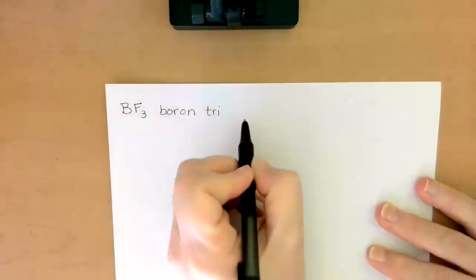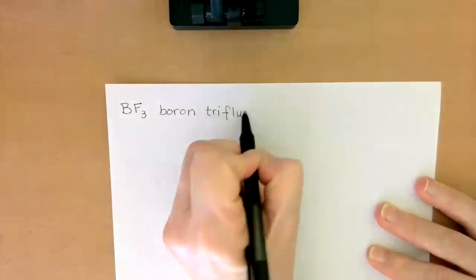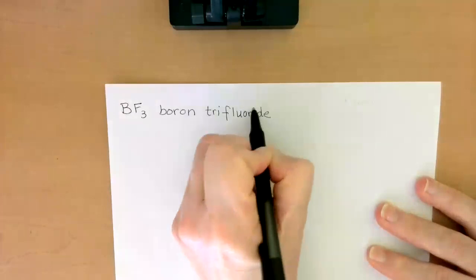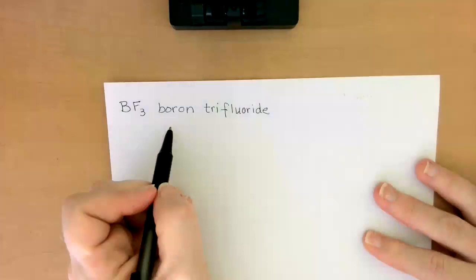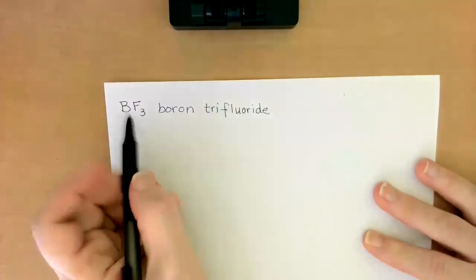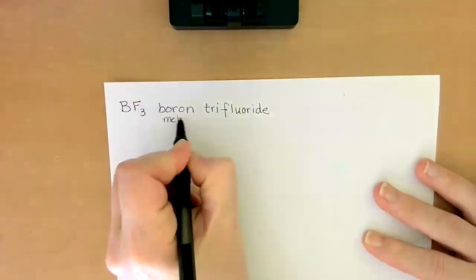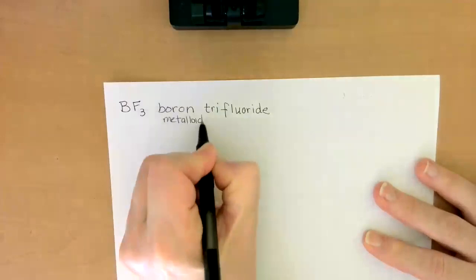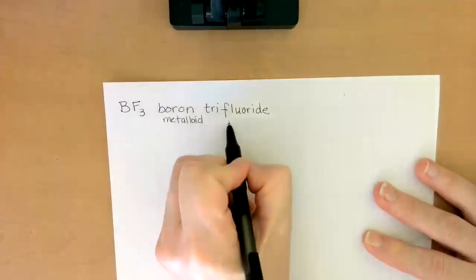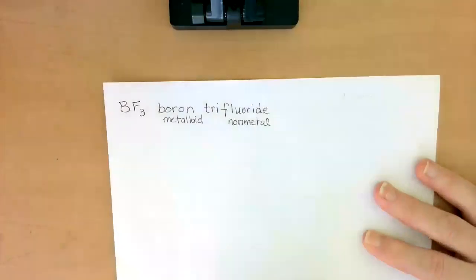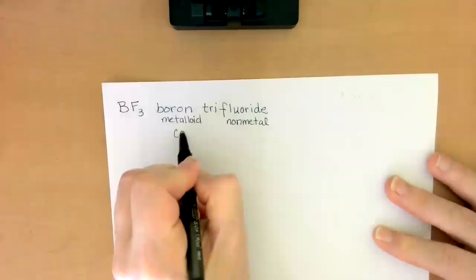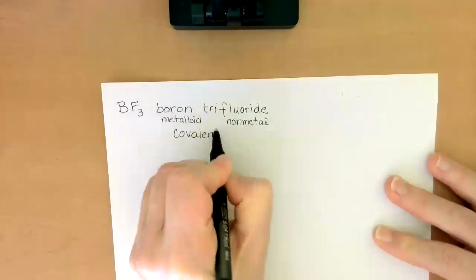Tri means 3, and the name for fluorine changes to fluoride. The second element's name ends with IDE. I know that boron is a metalloid and fluorine is a nonmetal. When they combined, just like 2 nonmetals, they form covalent bonds. So this is a covalent molecule.